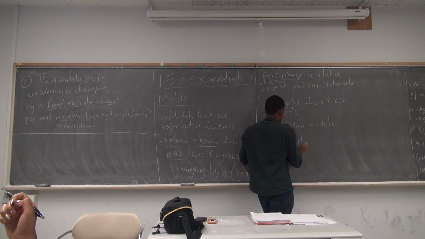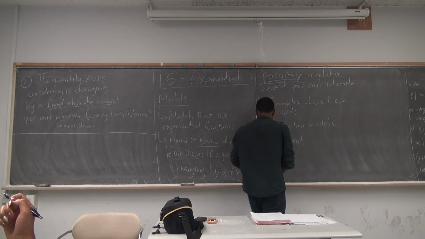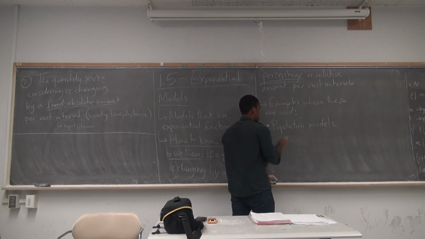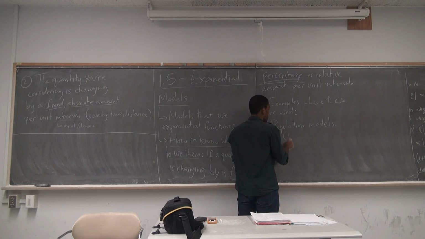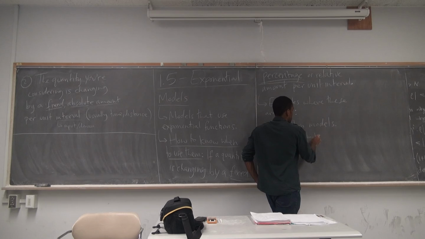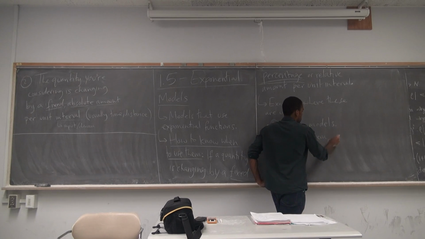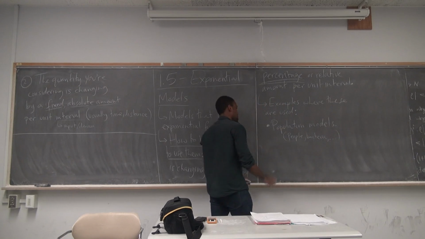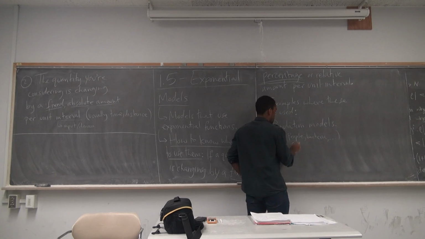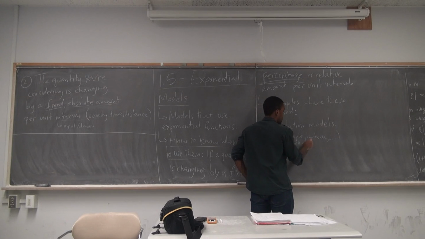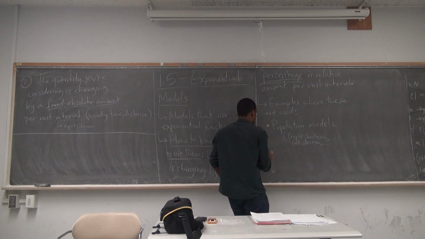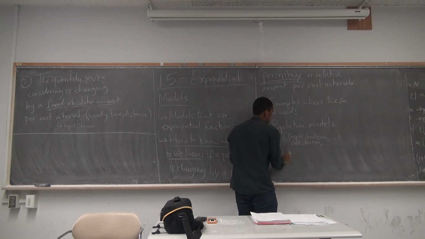Population would include not just people, but things like bacteria as well, which we'll have examples of. Pretty much any living organism will exhibit exponential growth. Cell division, when your cells start splitting, represents exponential growth. Another thing is radioactive substances.